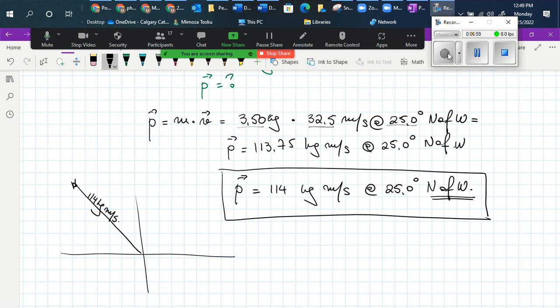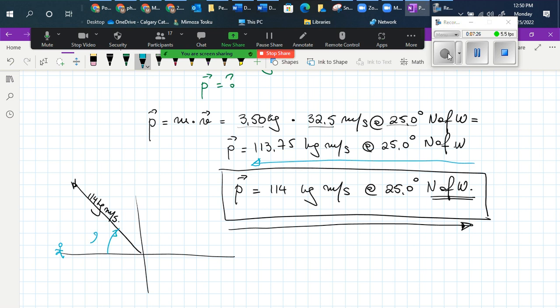It is the angle with west, because when we read a vector in English, we go from left to right, but when we display the vector in the north, east, south, west axis, we start from right to left. So we say that we are at west and we are going toward north at 25 degrees with a magnitude of 114 kilograms meters per second.